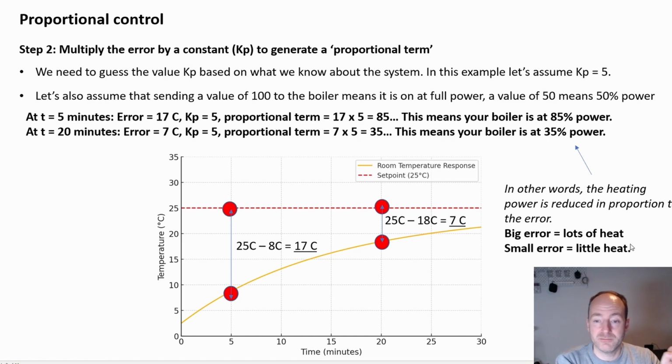A big error means lots of heating, and that causes the temperature to rise. Now let's have a look at time 20 minutes. The error is only 7 degrees C. It's smaller. 7 times 5 is equal to 35. That means our boiler's on at 35% power, nowhere near as much heating, and that's going to cause the temperature to not rise as quickly.